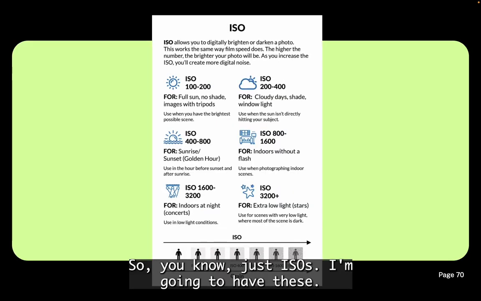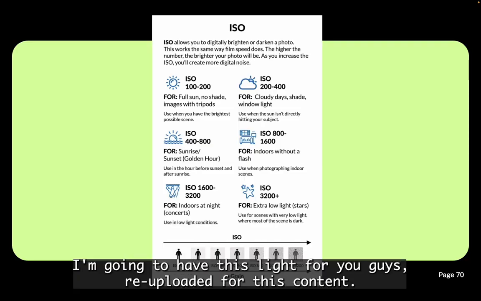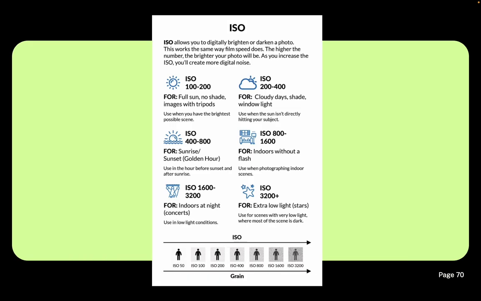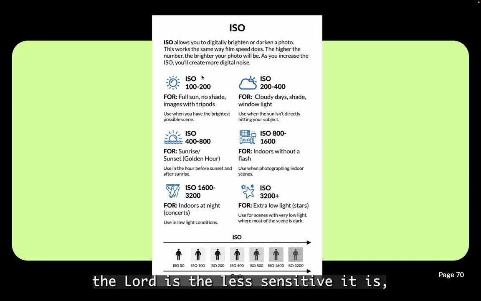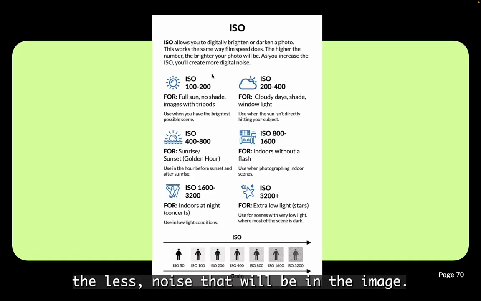Oh yeah, so just ISOs. I'm gonna have this slide for you guys re-uploaded for this content, so you guys understand how ISO works. The lower it is, the less sensitive it is, and the less noise there will be in the image. So that's appropriate for like sunlight.